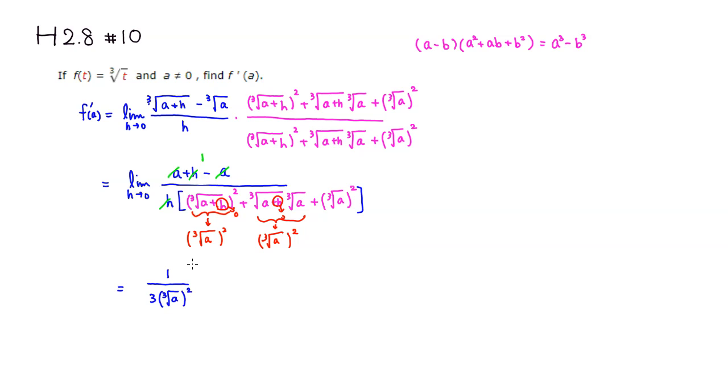If you like that, it's fine, or you can write it this way. This is exactly the same thing: 1 over 3 times a to the 2 over 3. You have to square it, and you have a cube root, so it's over 3. You can write it that way as well.